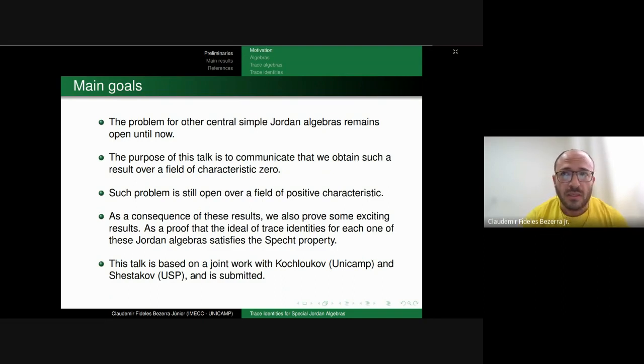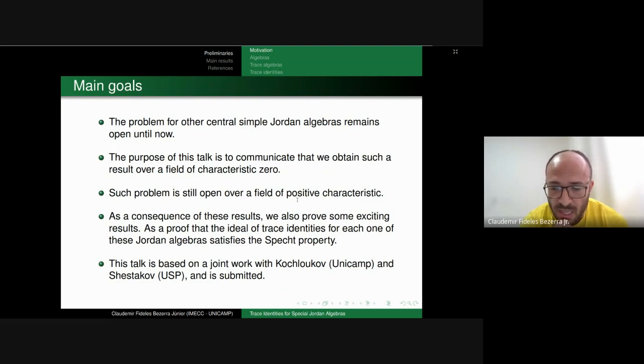The purpose of this talk is to communicate that this problem is resolved over a field of characteristic zero. Such a problem is still open over a field of positive characteristic.